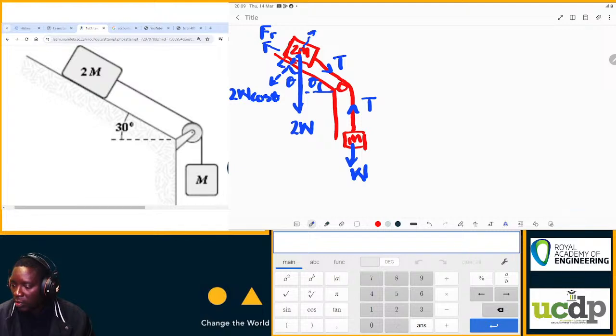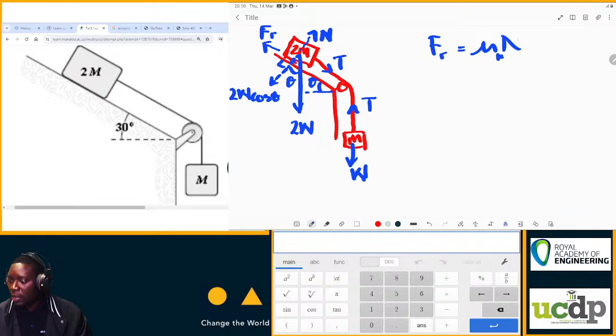That will be the force that relates to the normal to the surface. While we look at those forces, we know that given the coefficient of friction, the frictional force Fr will be equal to mu k times N. That will enable us to find the value of Fr.